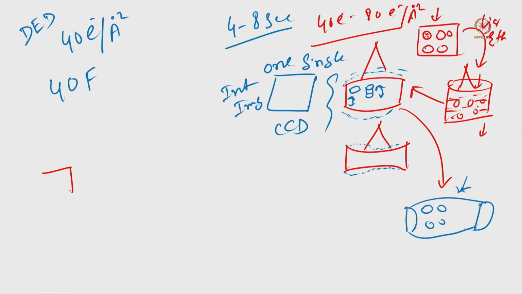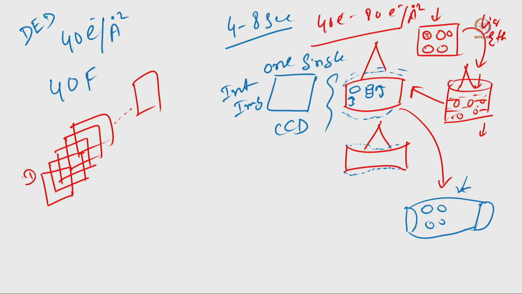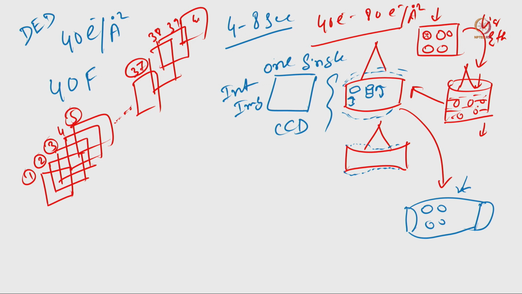But for cryo-EM purposes, we are collecting one frame, then a second frame, then third, fourth, fifth, and keep going on. If we give them names 1, 2, 3, 4, 5 and keep going like that, then this is the 37th frame, then this is 38, then 39, and then the 40th frame.